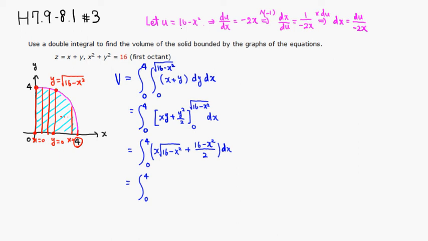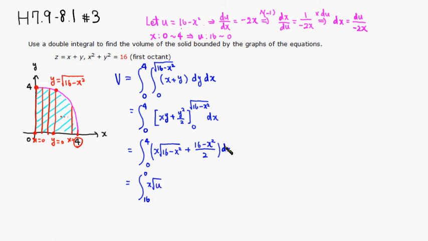We know that x goes from 0 to 4, and this means u goes from plugging in 0, so 16, to 16 minus 4 squared, which is 0. So u goes from 16 to 0. Then we have x here, and this is the square root of u.